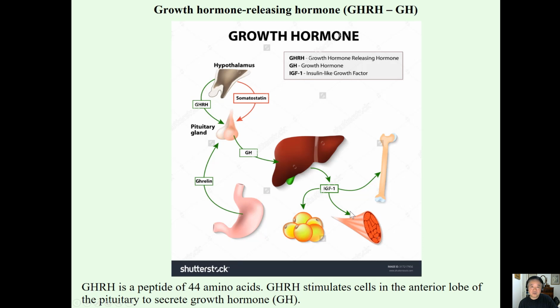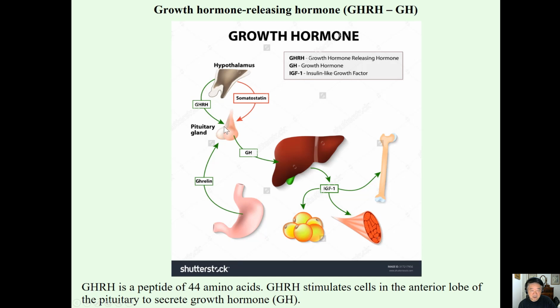The fourth pathway is related to the growth hormone. In the hypothalamus, it can produce growth hormone releasing hormone. From there, coming to the anterior pituitary through the portal venous system.